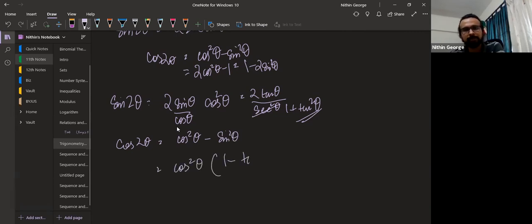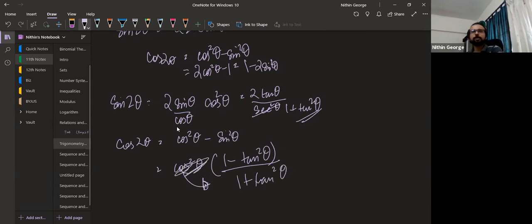So this becomes 1 minus tan square theta. This cos square theta goes to the denominator as sec square theta and then becomes 1 plus tan square theta. I hope all of you got this. Any doubts here? No, sir. What is tan 2 theta then?